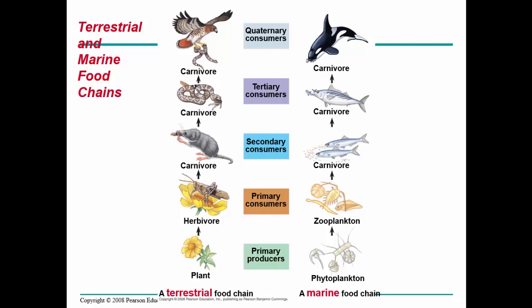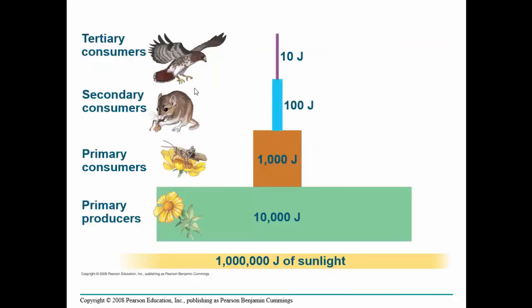And in marine, we have phytoplankton eaten by zooplankton, then by smaller fish, then eaten by bigger fish, and at the end eaten again by the super carnivore or top carnivore. Yeah, it could be whales, it could be shark, or it could be human.